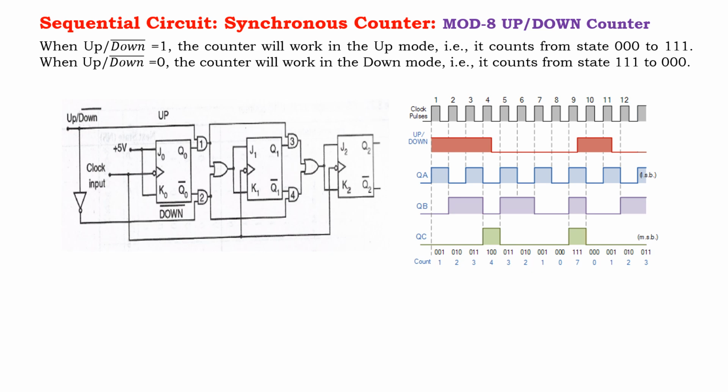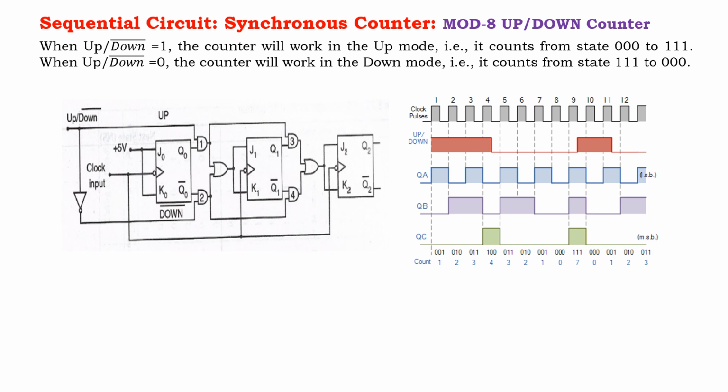So M is 1 means we will get up counter. Okay, so this is the Q2, meaning QC. QC will be the MSB.